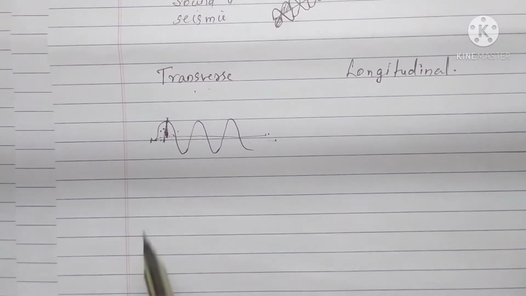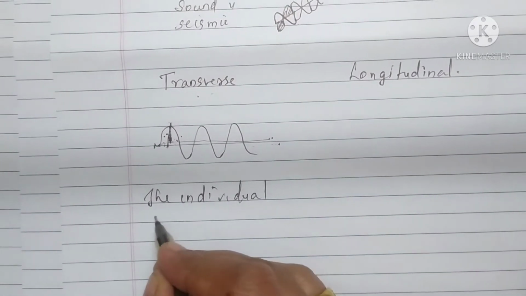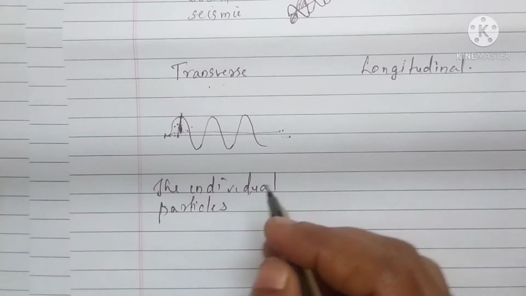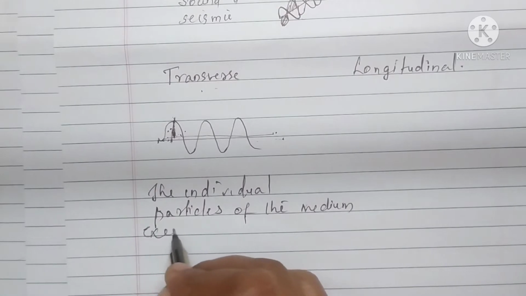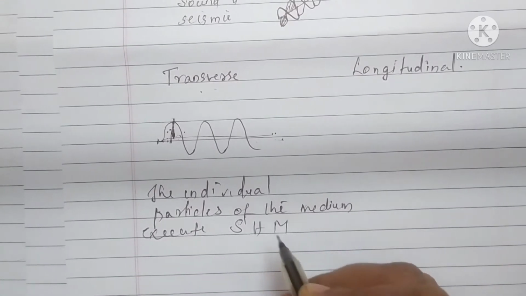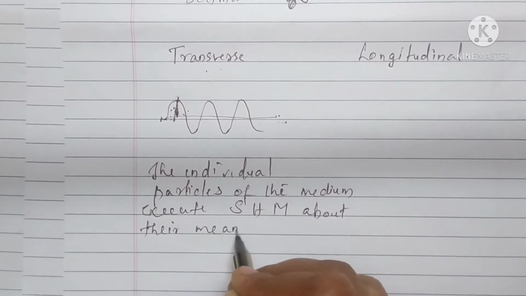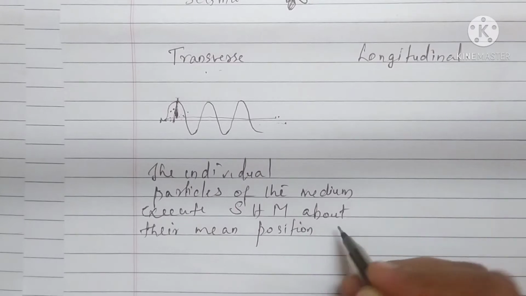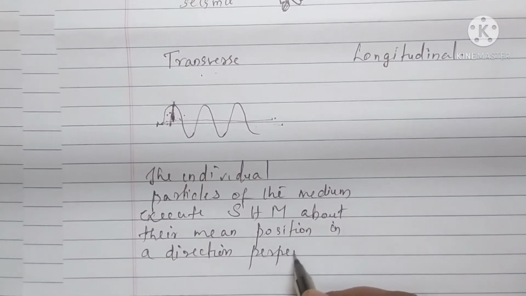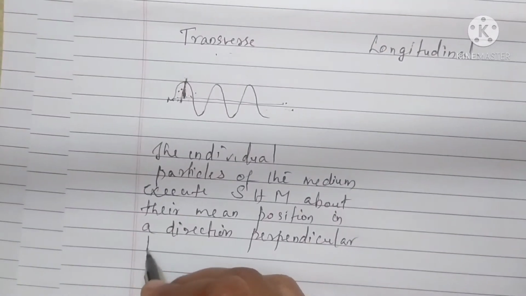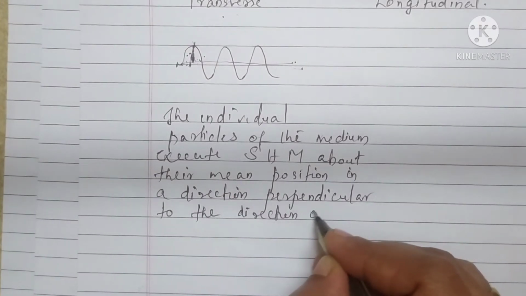So how can you define? It is the wave motion in which the individual particles of the medium execute simple harmonic motion about their mean position in a direction perpendicular to the direction of propagation of the wave.